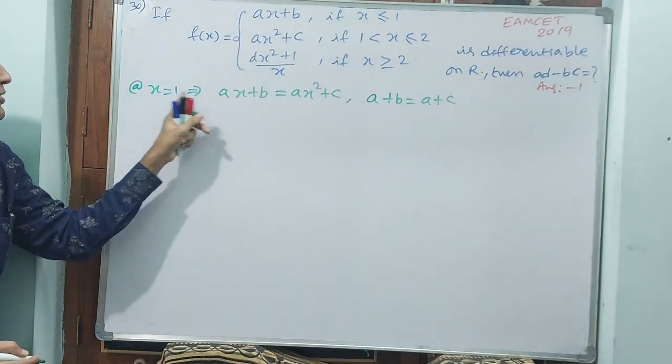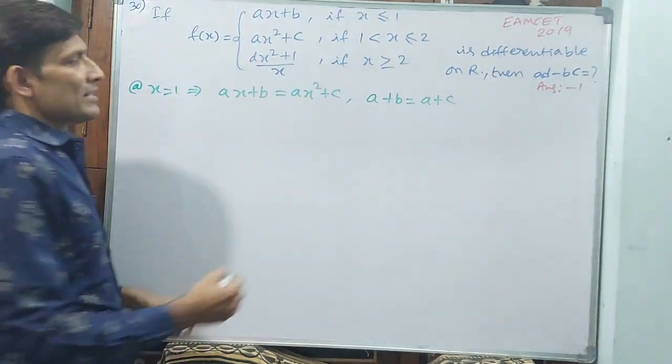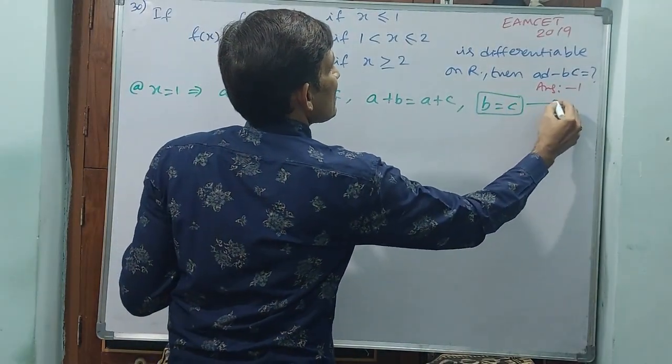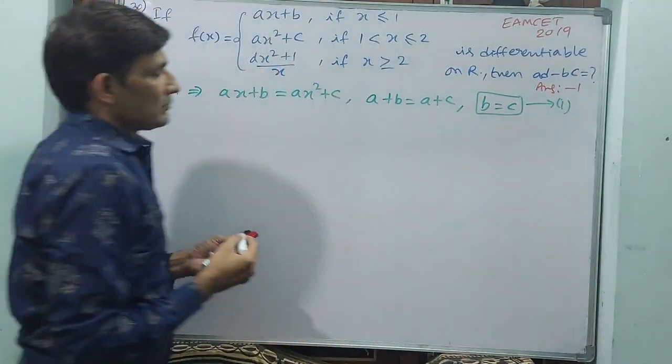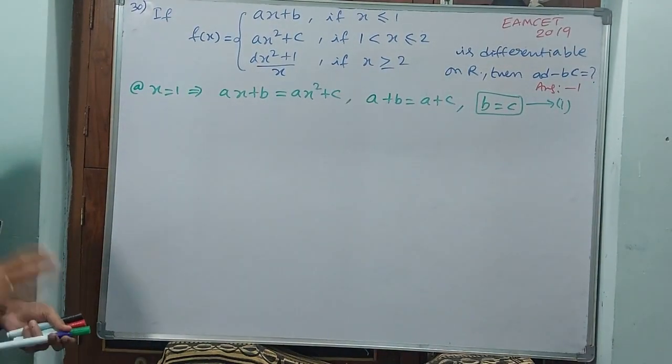Why? Because I have substituted 1. Then b is equal to c. This you take as equation number 1, because a gets cancelled out.